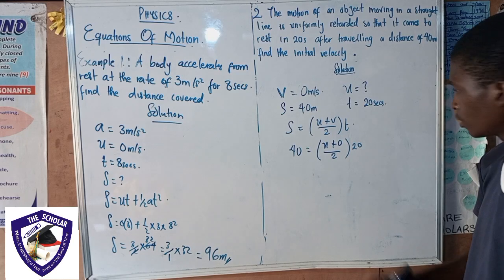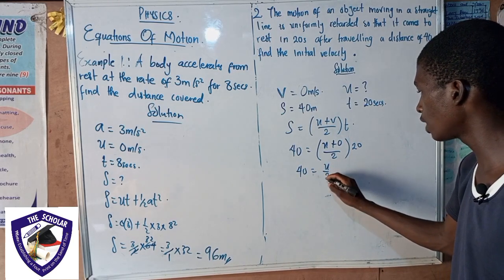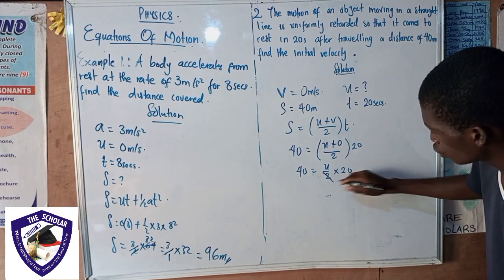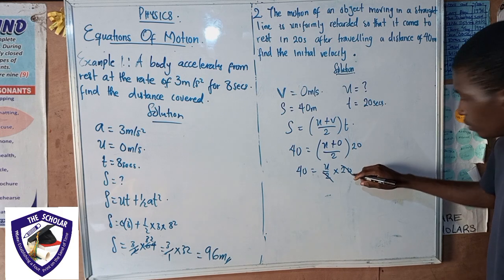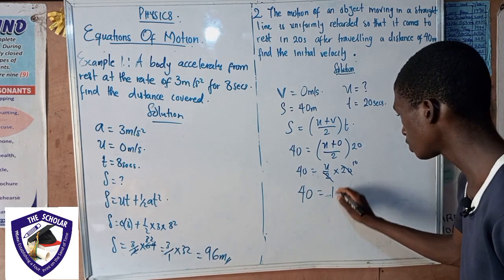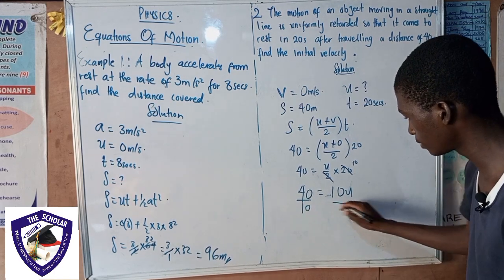Are we getting this? So that we have my 40 to be equal to U over 2 times 20. So that 2, we eliminate part of this 20, I have 10. So that I have 40 equals 10 U. What do I do? I divide both sides by 10.